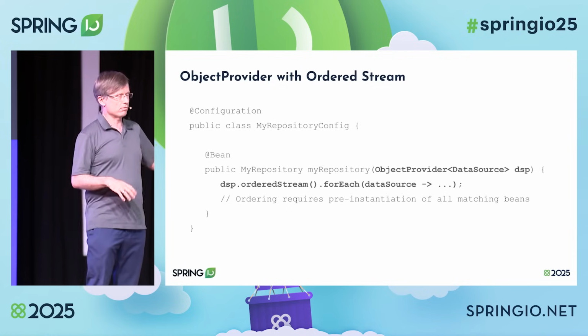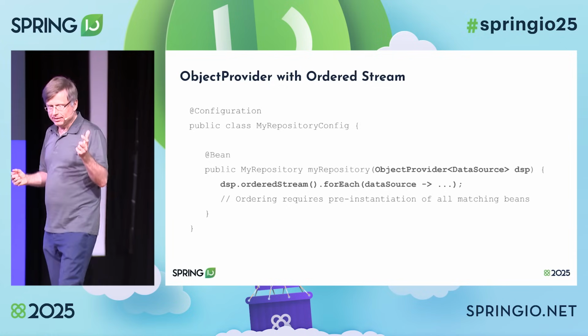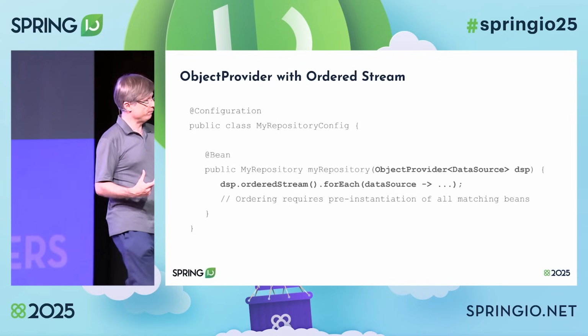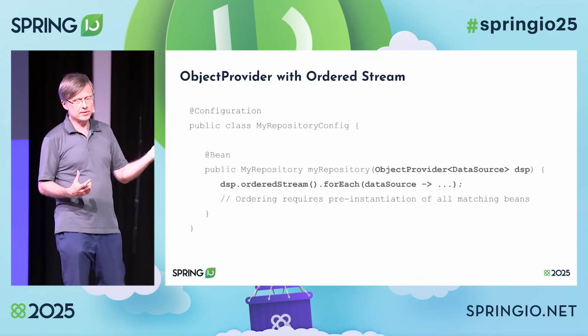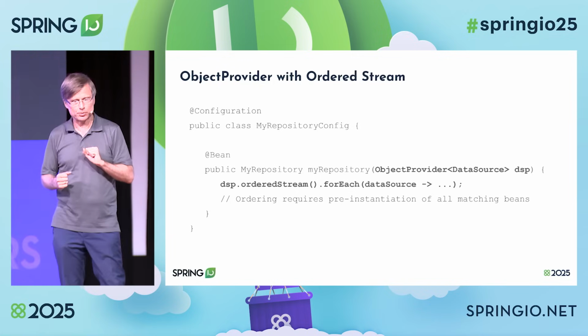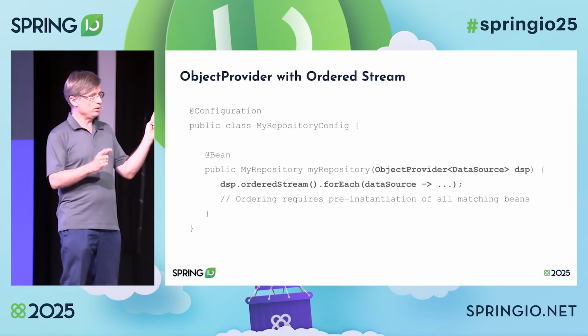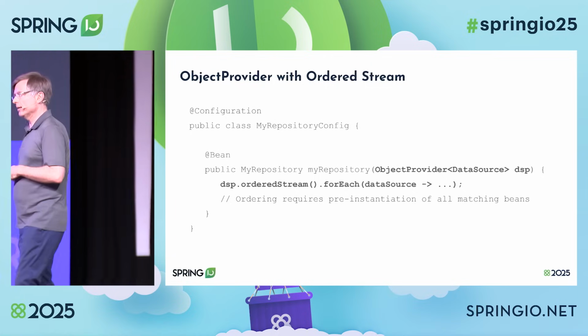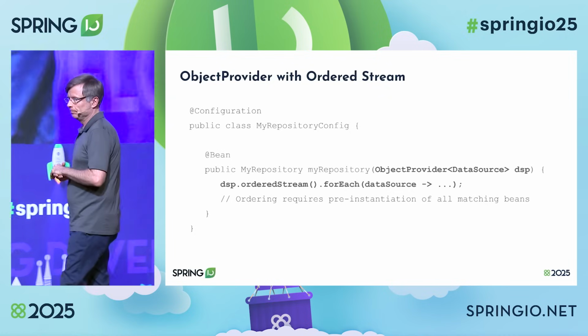So like call forEach on it. Slightly different semantic. They are going to be pre-ordered. Pre-ordering requires full initialization of all target elements. So in this case, you're actually forcing all the data sources to be initialized in order to determine their order. And then you get stream API access to all of them.